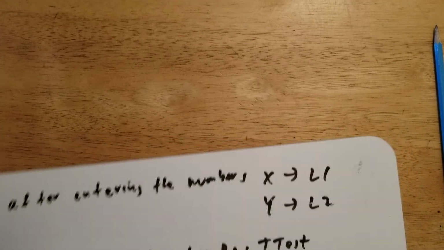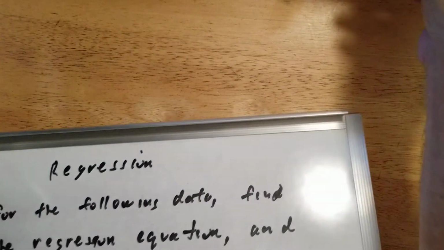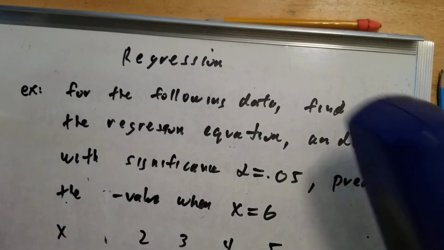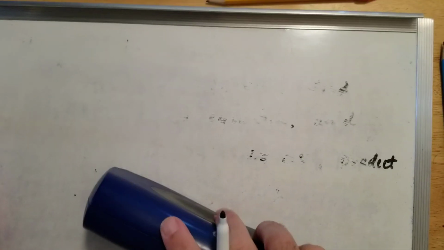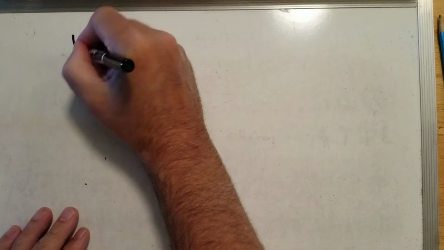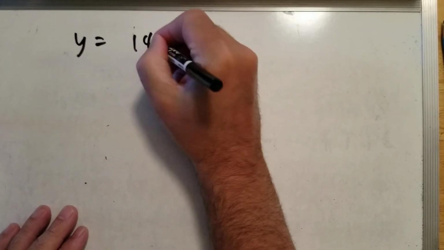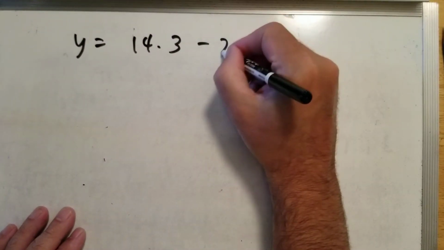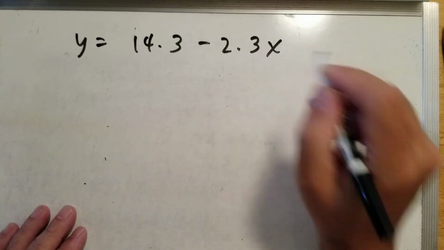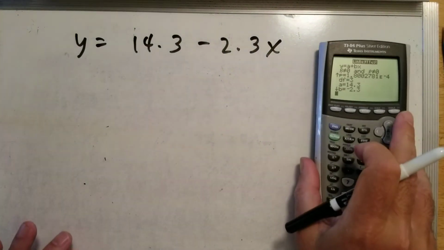And so the regression equation for these data is y equals 14.3 minus 2.3x. That's the regression equation.